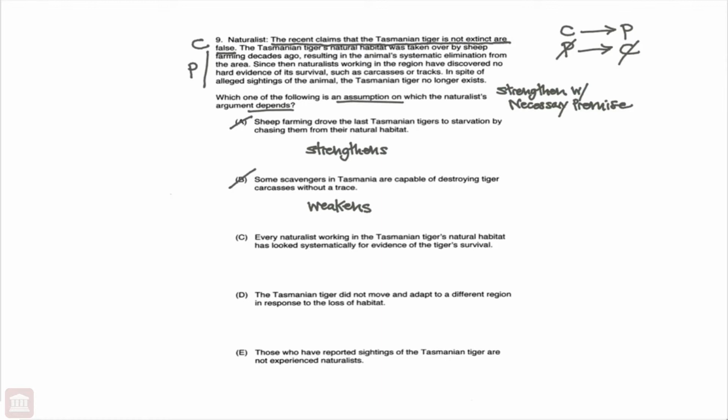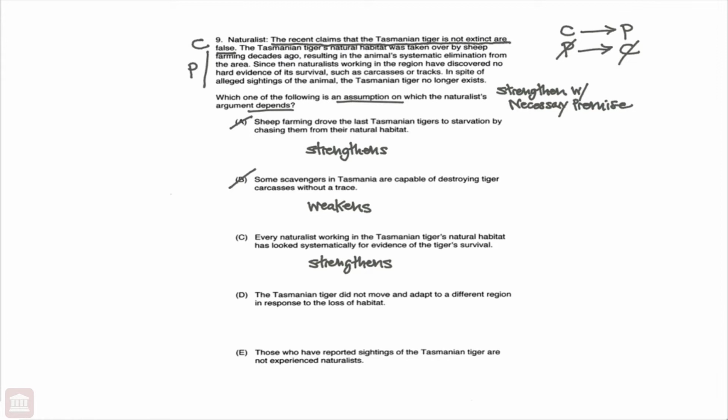C: every naturalist working in the Tasmanian tiger's natural habitat has looked systematically for evidence of the tiger's survival. C clearly strengthens, because if every naturalist in the area has been looking for evidence of this tiger's survival, and none of them have discovered any hard evidence, such as carcasses or tracks, then that clearly strengthens the argument. But now let's make sure C is required.